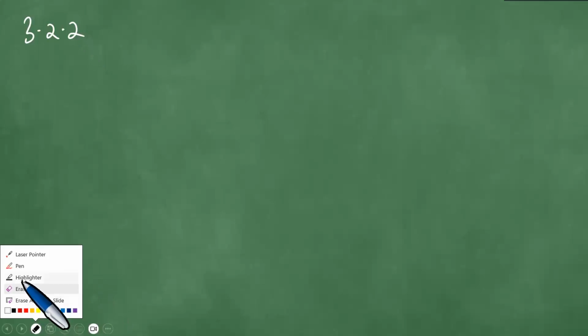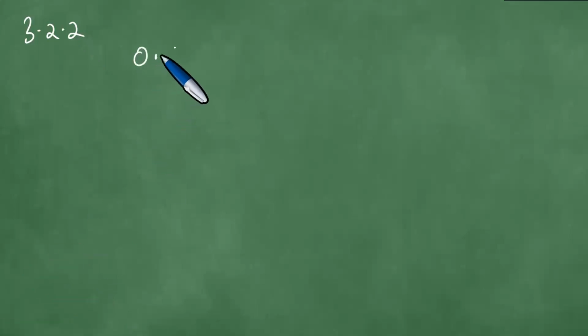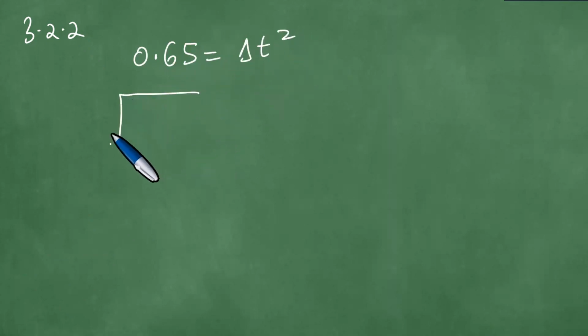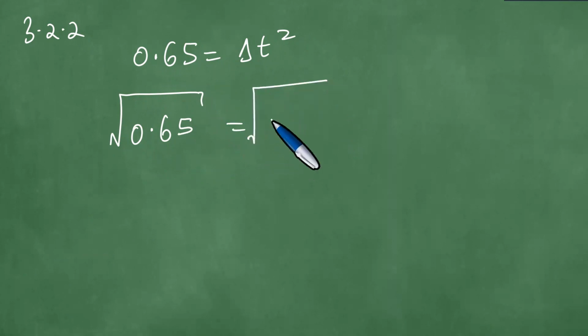So you got 0.65 for delta t squared. Now if you look at the 0.65, you take the square root of that. What do you get, Lerato?